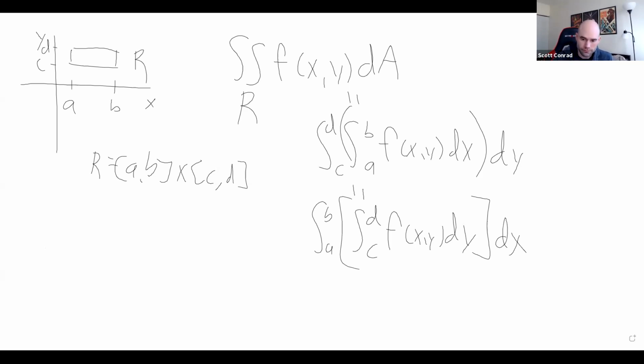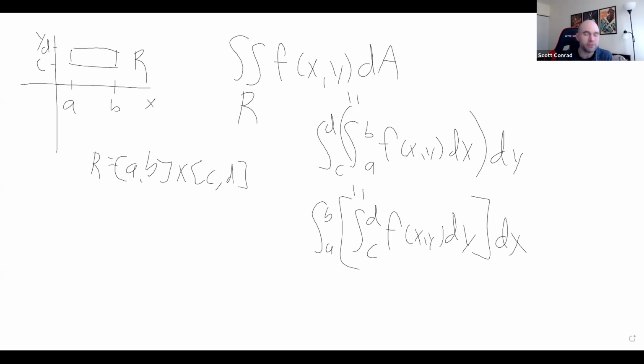So in 140 and 141, we were just integrating functions of one variable over intervals. The only thing that made an integral complicated for functions of one variable was the function you're integrating itself.